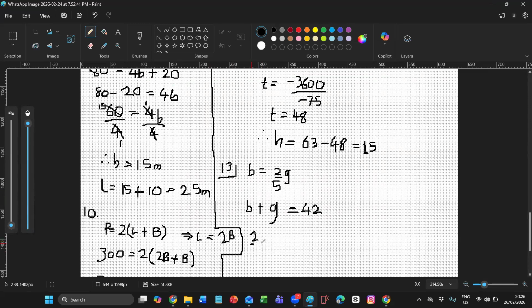So that will leave me with an equation that looks very similar to what we've done sometime in the past. So I would like to see how you go about it. 2 over 5 G plus G equals 42. So what are we going to do next?